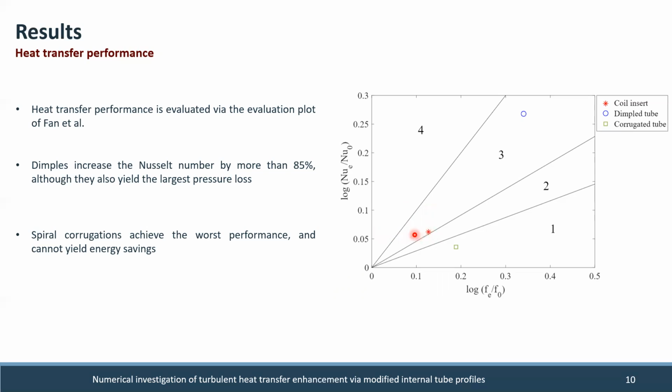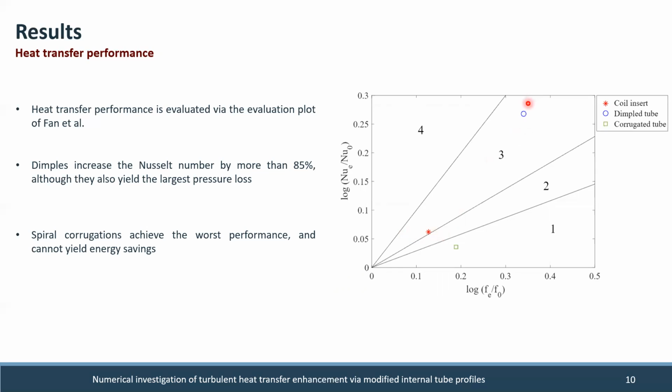It's not very large. It's possible to increase this heat transfer enhancement by using a coil with lower pitch or thicker wire, but definitely it comes with a pressure loss penalty. So if we do that, we will have a higher friction factor ratio as well.